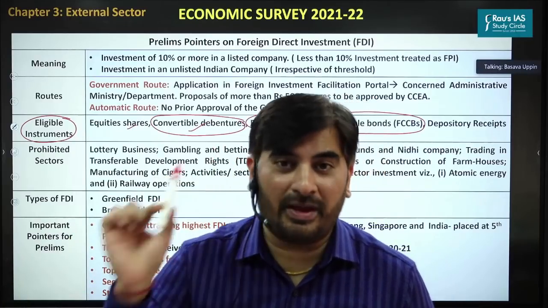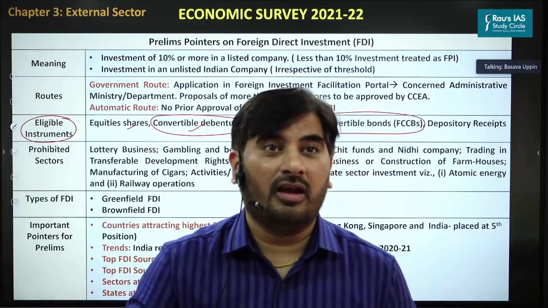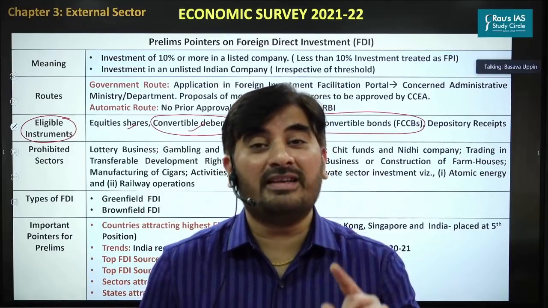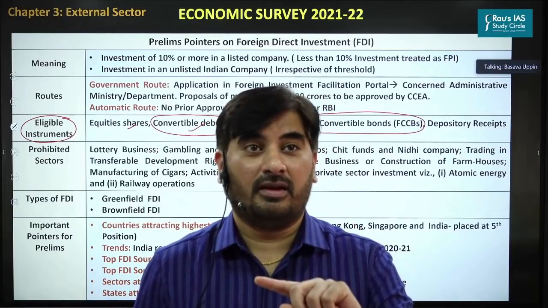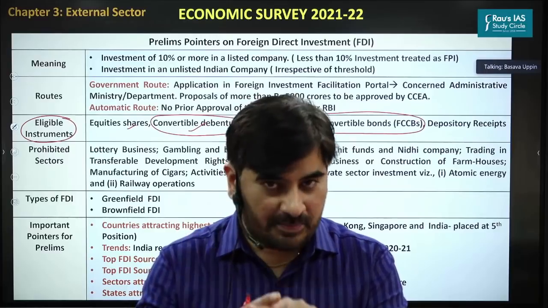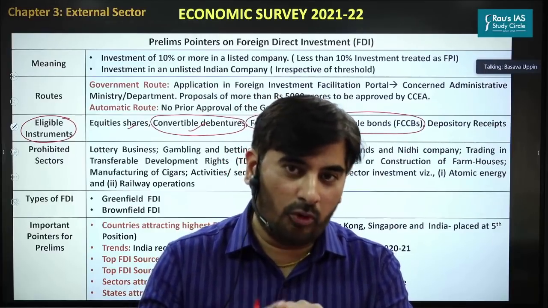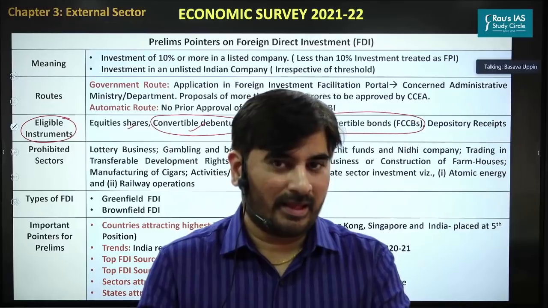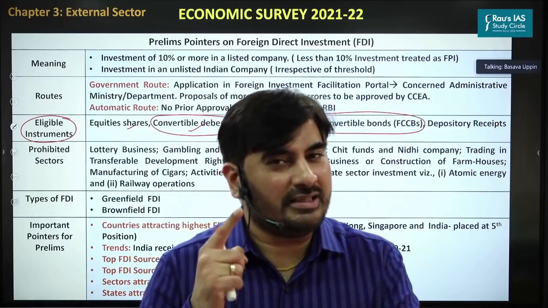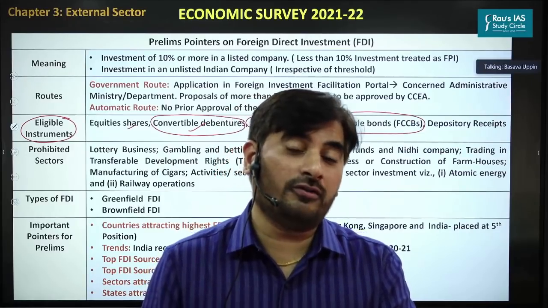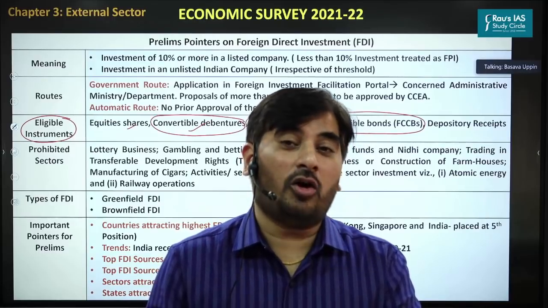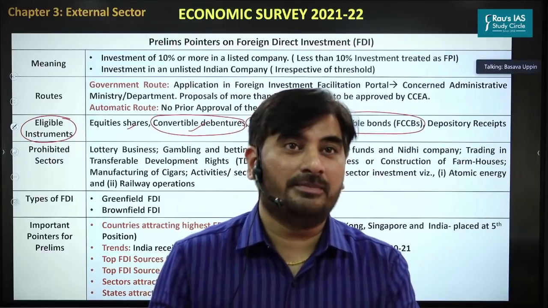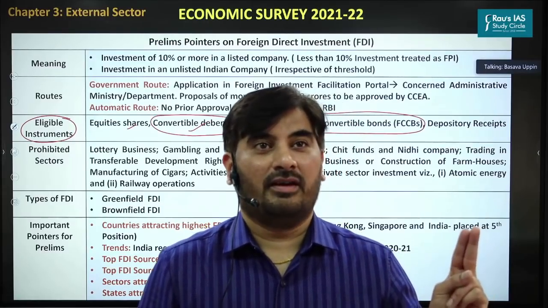The interest payment is also in terms of dollar. What do we call them? We call them foreign currency bonds. Foreign currency bond principal as well as interest, both are in terms of foreign currency. Apart from that, some of these foreign currency bonds are also considered to be convertible, just like debentures.